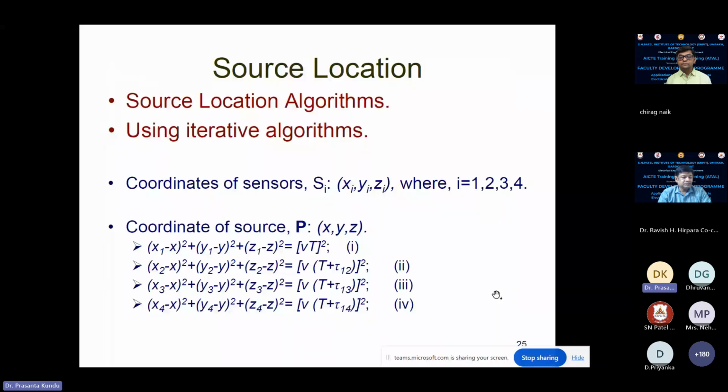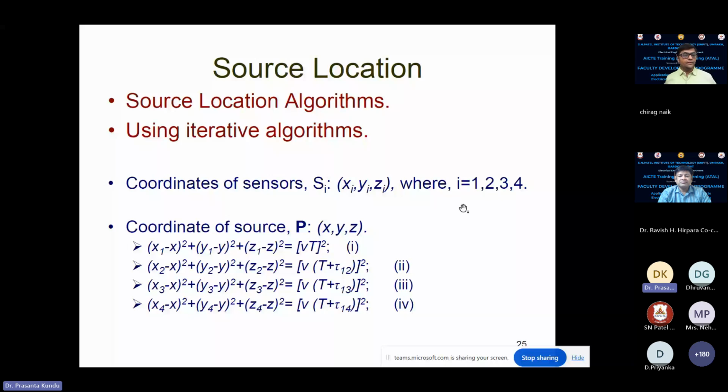So the source location technique is very popular for partial discharge detection in the acoustic technique. What is done, in a very simple way, because we will not go into the details of this technique here, as we are going to talk about it overall, is an iterative technique. I told you that a minimum of 4 sensors is necessary.